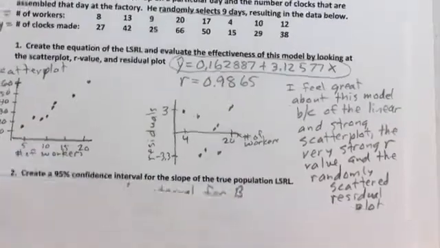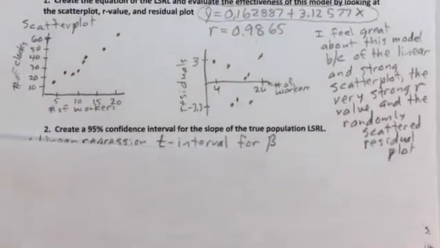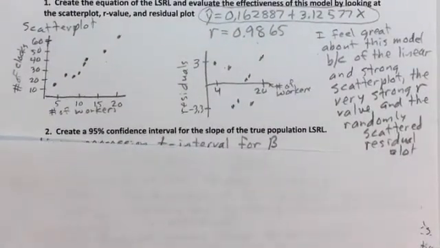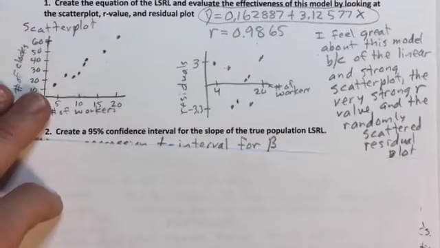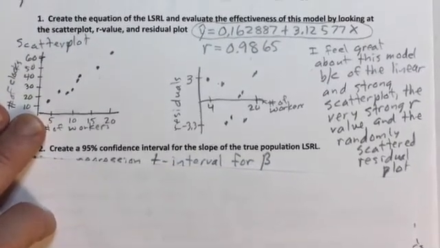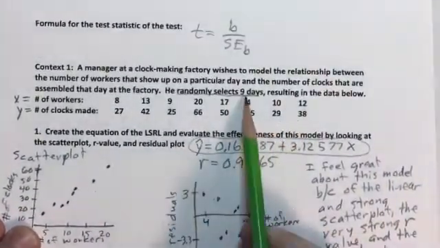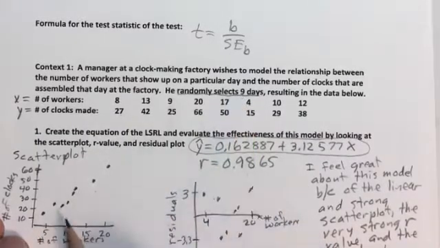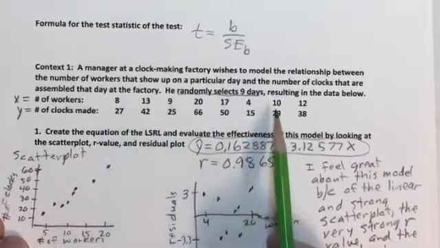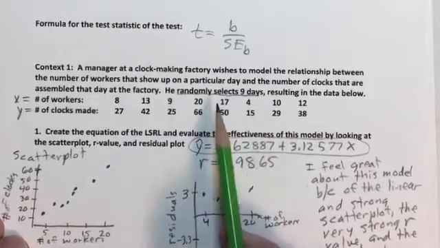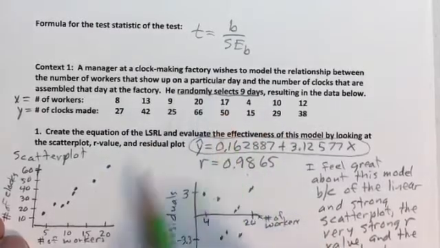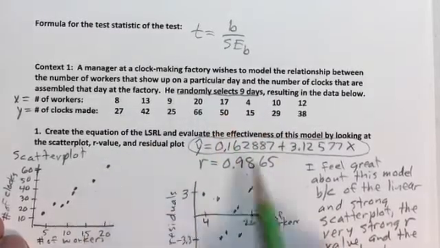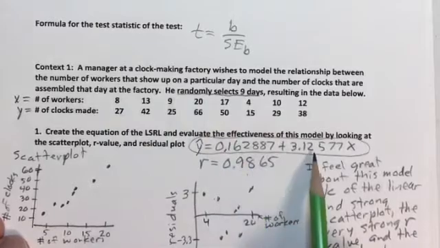Now, let's go to the chapter 12, section 3 stuff. Create a 95% confidence interval for the true population least squares regression line. We would recognize that we randomly selected 9 days. If we randomly selected 9 more days, we would get a different set of numbers. It'd be similar to this because we randomly selected, we're not getting biased data, but it's going to vary because of sampling variability, and we would get a different y-intercept and slope.